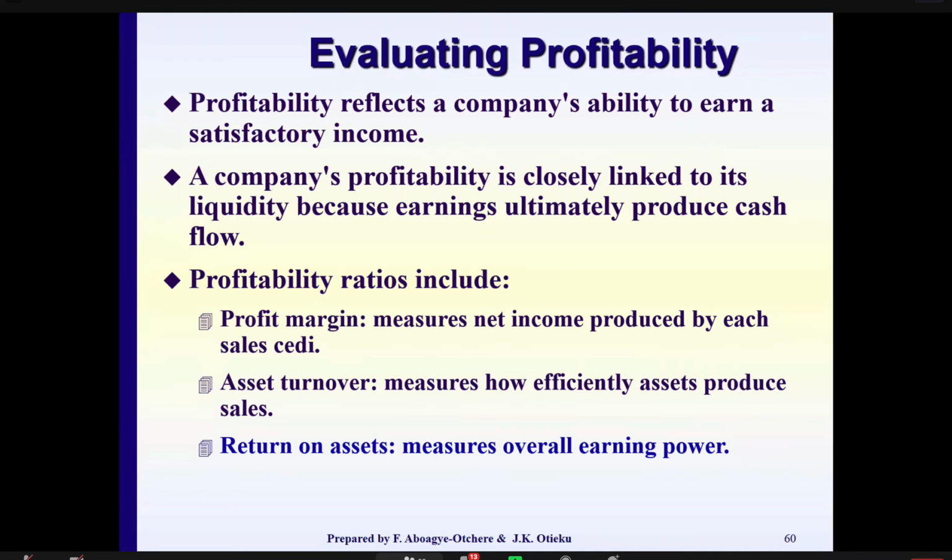Pardon? The coupons are not paid. The interest. Okay, all right. Now, when we are measuring profitability, remember, yes, President. You are muted.